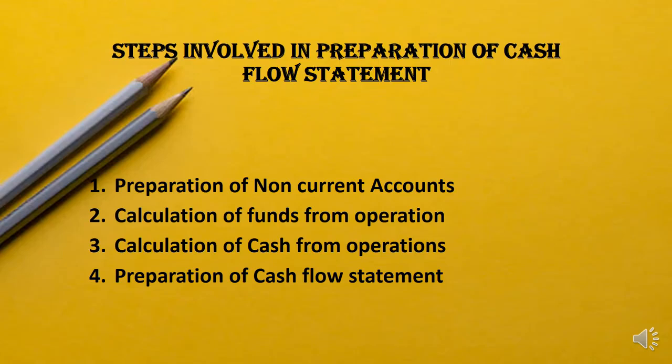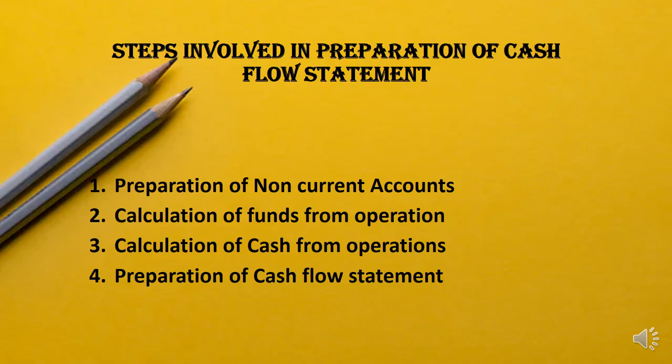The following non-current accounts are usually prepared to ascertain hidden information, like in the fund flow statement: fixed asset account, accumulated depreciation account, investment account, and provision for taxation. These four accounts should be prepared to find out the hidden information given in the question.